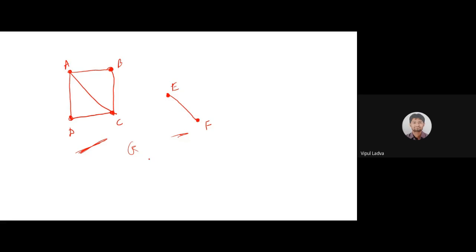So this is disconnected. Now, if we try to trace its adjacency matrix, first of all we need to decide the order of that matrix. How do we decide the order of the adjacency matrix? Using its number of vertices, is it? The number of vertices I had included in graph G is 6.